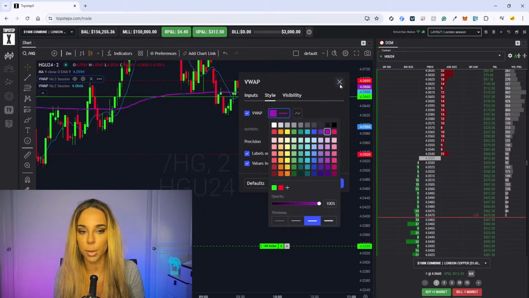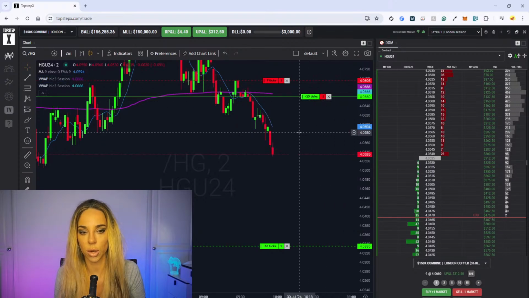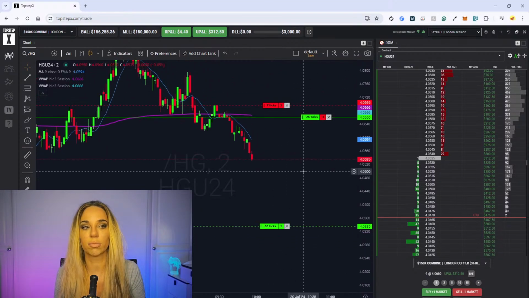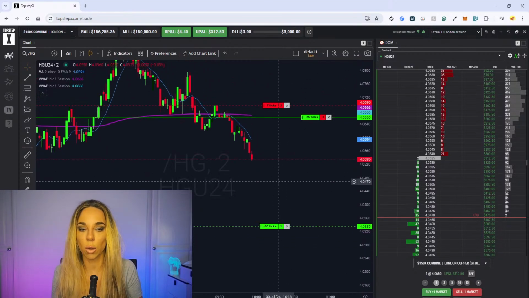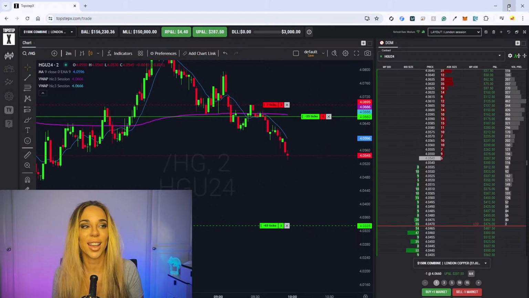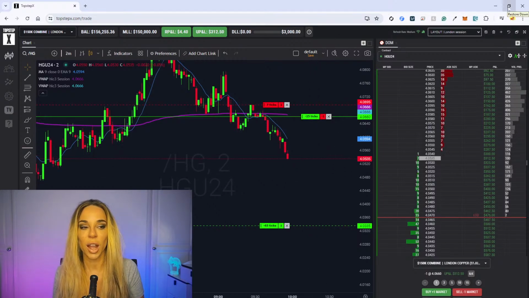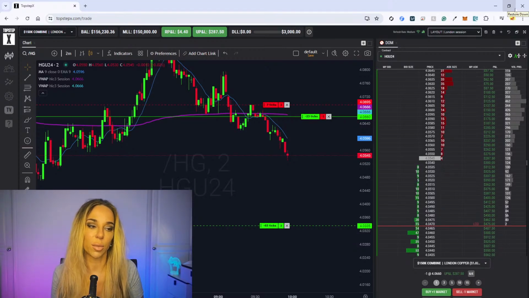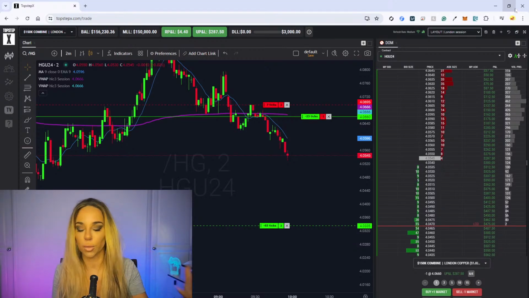One thing about Topstep is that it's so intuitive. It's probably the most intuitive platform that I've ever used in my life. I know that we've had bugs and stuff, but the fact that they brought out a platform in such a short space of time. Do you guys know how long it takes to code these platforms? It takes years to get them to stage one.